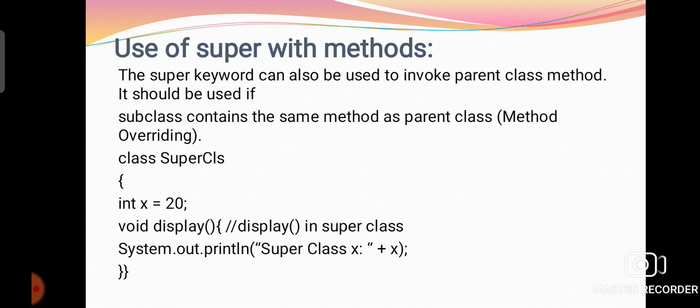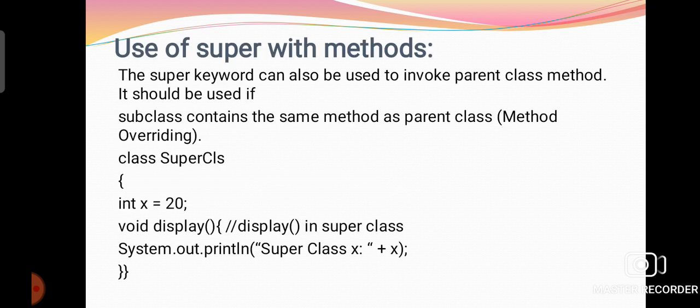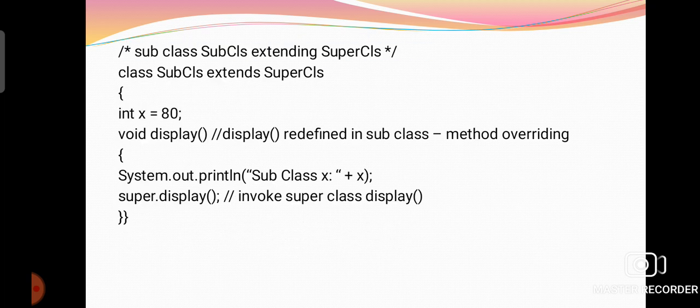Like here, we have the same program, and we have the member variable x with the value 20, and we have one method display. And again we have the subclass. The subclass also has the same member variable and the same method display.